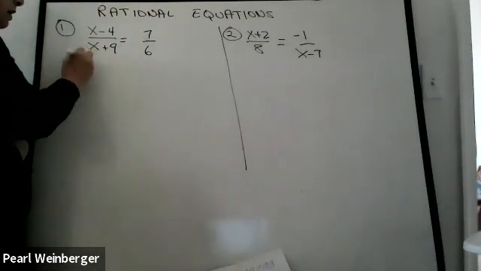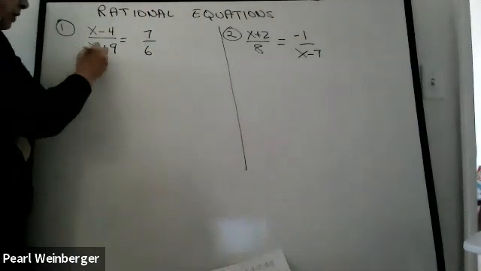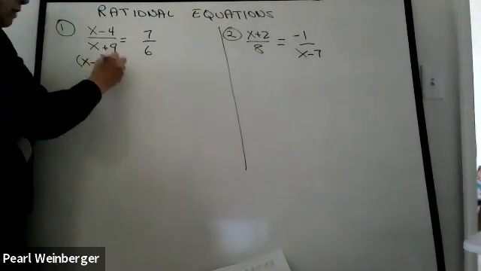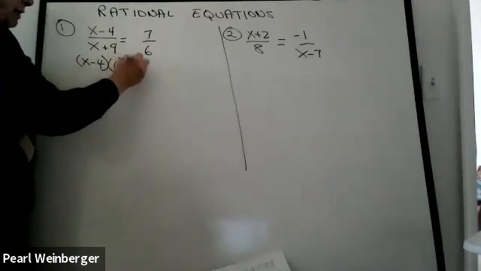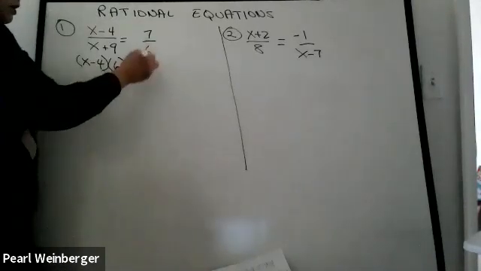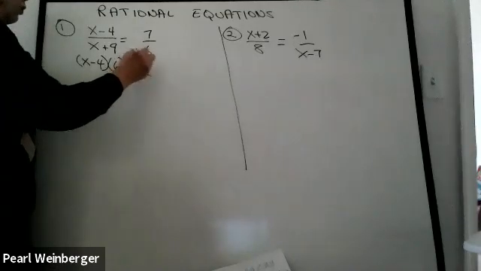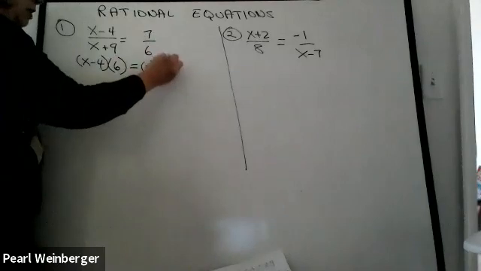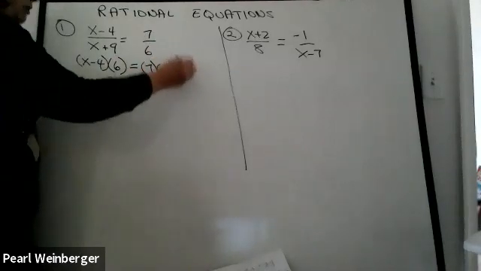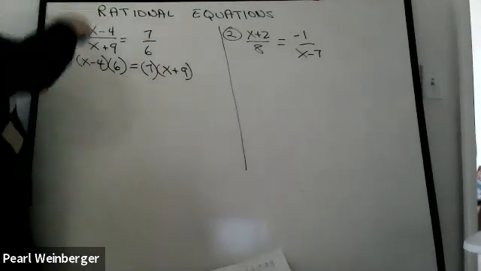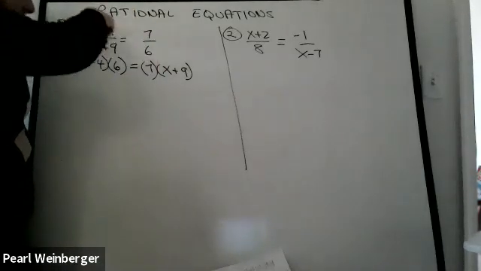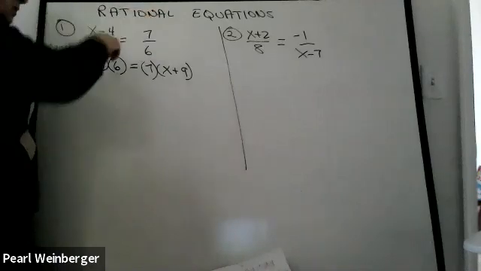We take the numerator of the first fraction and multiply it by the denominator of the second fraction and set it equal to the numerator of the second fraction times the denominator of the first. That's why it's called cross, because you sort of make an X across as you do the multiplication. This times this equals this times this.